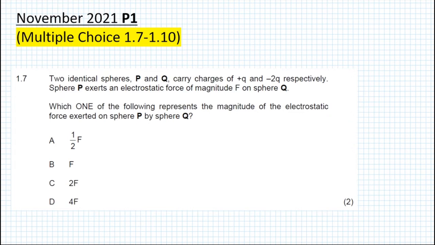Question 1.7 says two identical spheres P and Q carry charges positive Q and negative 2Q, respectively.